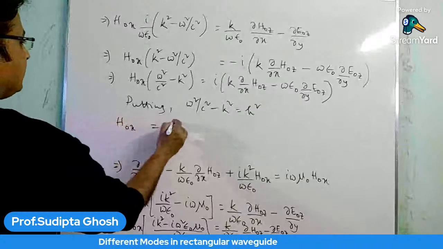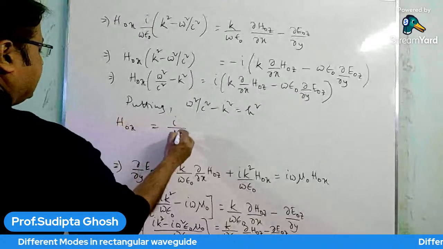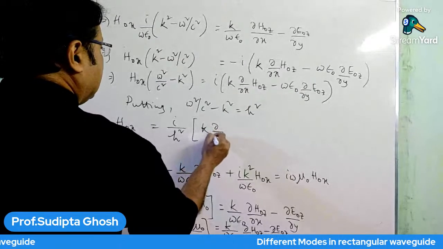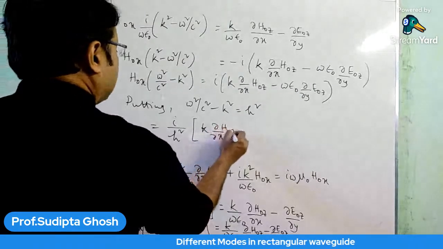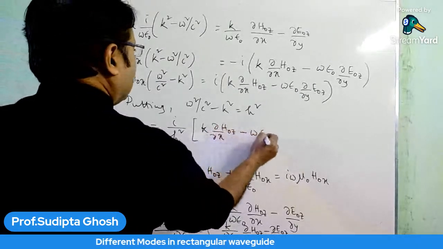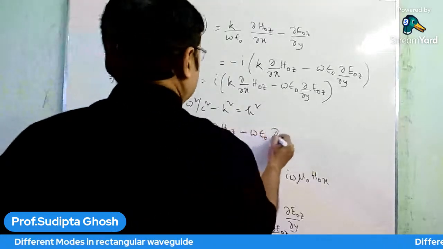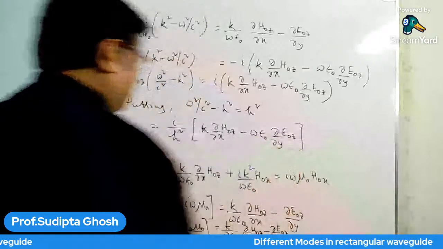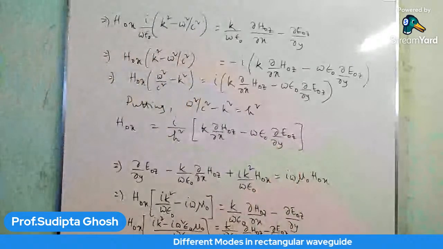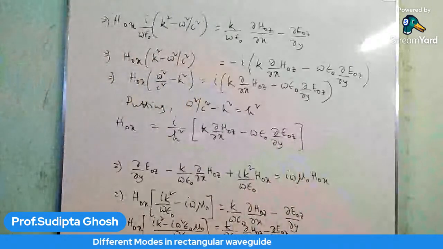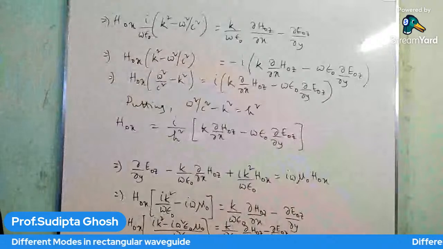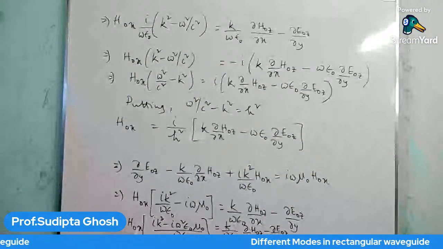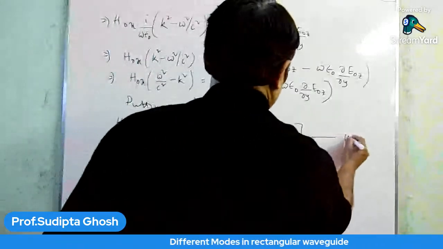So HOX equals i by h square, and then it is k del x of HOZ minus of omega epsilon 0 del y of EOZ. So this is the procedure to find out the values of these components. That is, I have found out the value of HOX and it will be equation number 15.